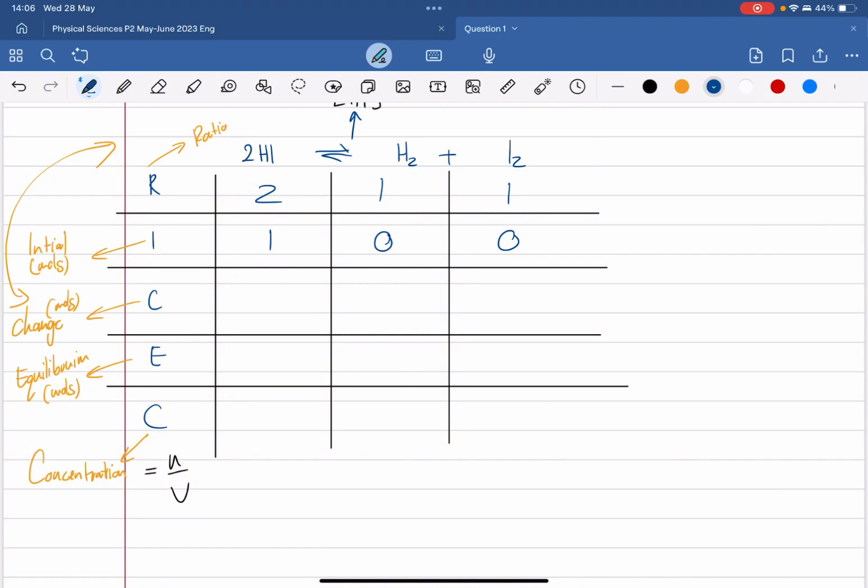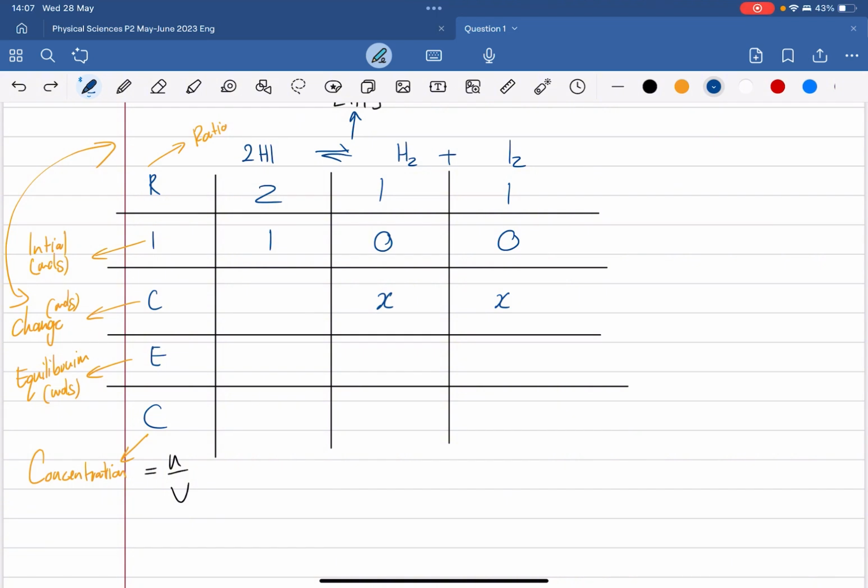And now this is where we're going to have to use mathematics, right? We don't know what the change is. So I'm going to set the change equal to X for my iodine, and for my hydrogen, I'm also going to set it equal to X. Whenever you use this X method, I always advise that if you've got a substance with a ratio of 1, set that equal to X as the unknown.